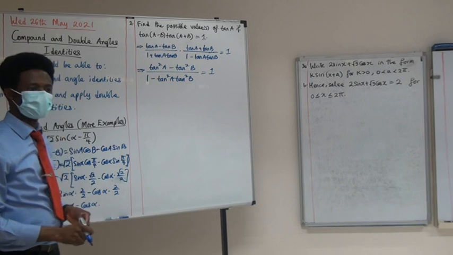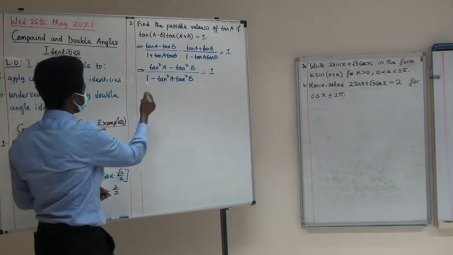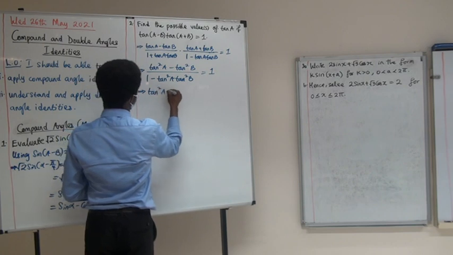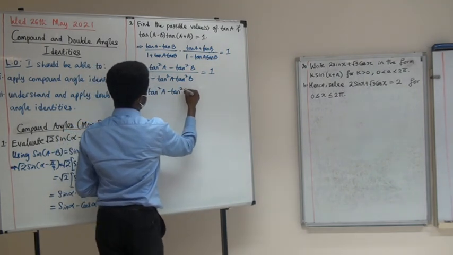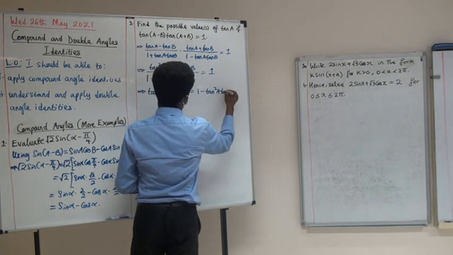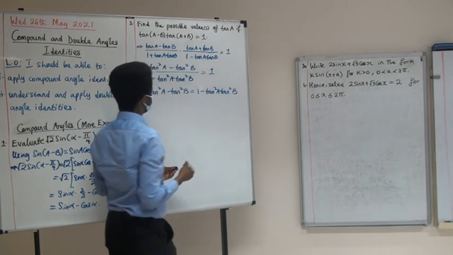So then you can cross multiply. You must have gotten tan squared A minus tan squared B is equal to 1 minus tan squared A tan squared B. What do you think we could do?